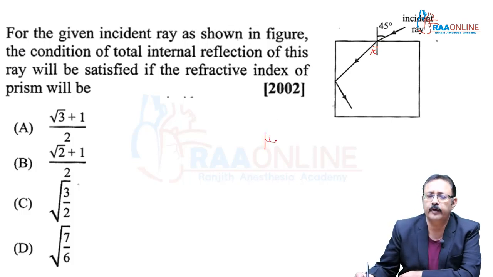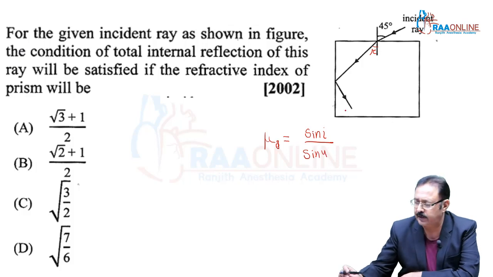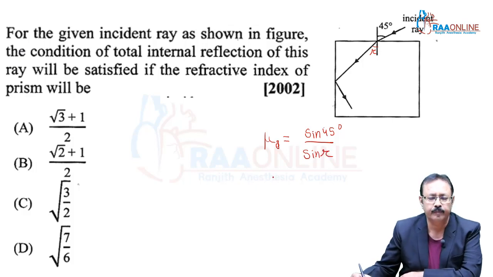If the refractive index of this prism, suppose made up of glass, is mu, then mu is equal to sin I upon sin R. Sin I is sin 45 degrees, so sin 45 is 1 by root 2.